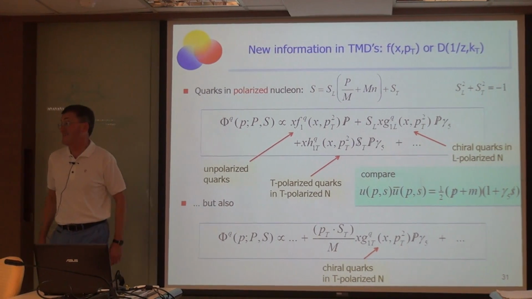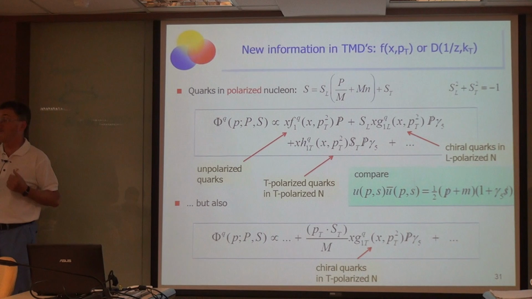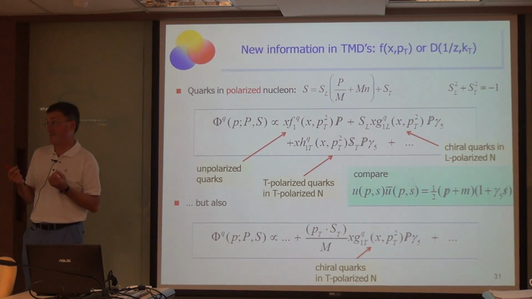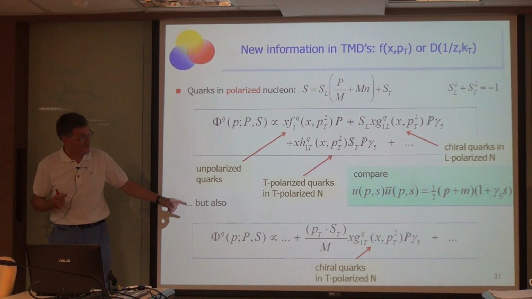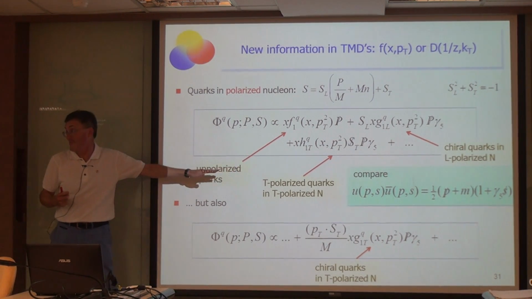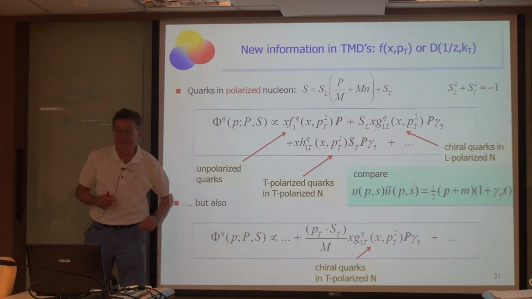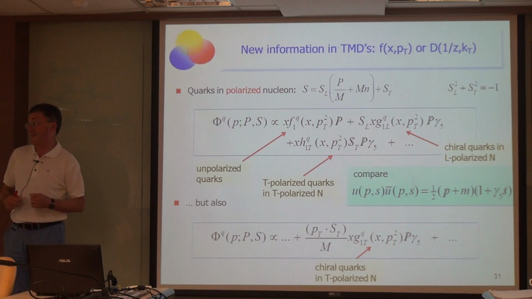So that's the first extra that you gain when you have PT available. You can find chiral quarks in transversely polarized nucleons, which you couldn't find if you don't have PT, and you also can find transversely polarized quarks in a longitudinally polarized nucleon. That you will believe.